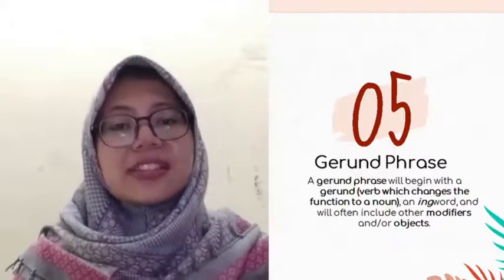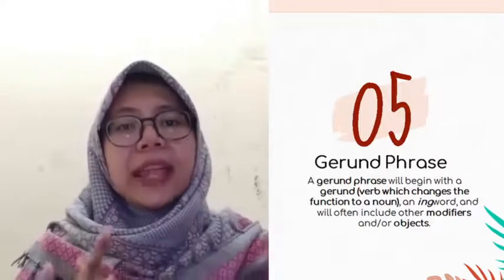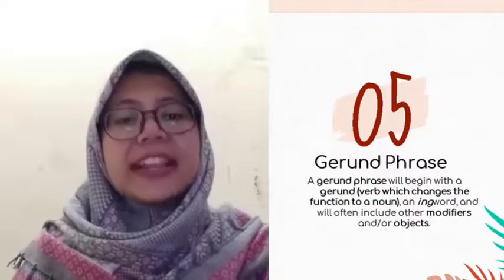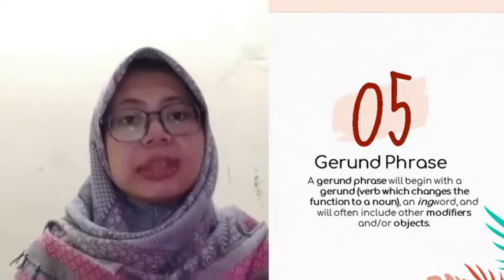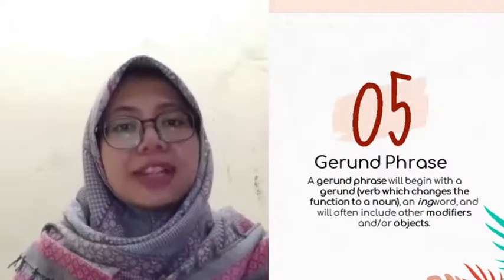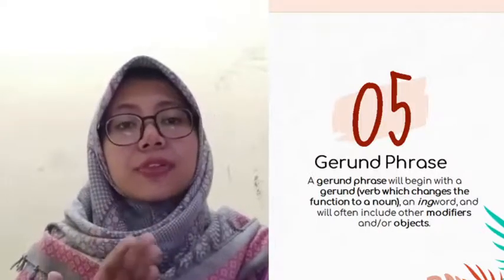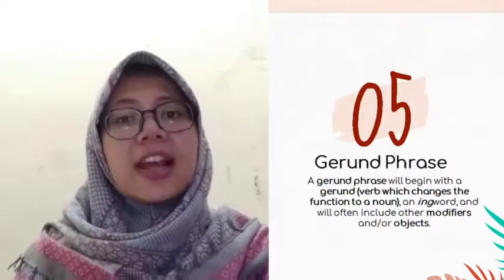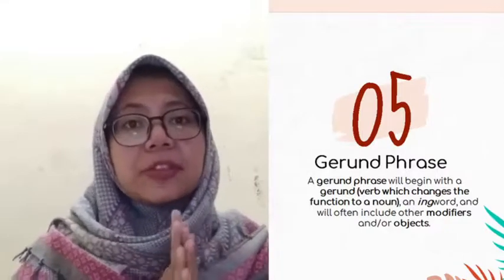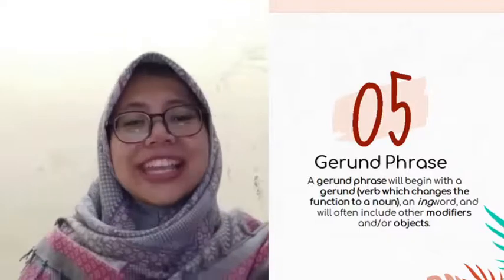A gerund phrase will begin with a gerund and will often include other objects or modifiers. Gerund phrases are formed exactly like the present participle phrase, but the difference lies in the function of the phrase.